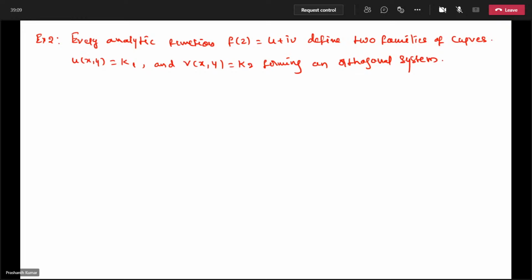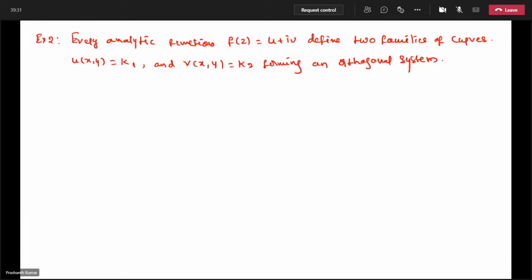All of you please see, every analytic function f of z defines two families of curves. Actually, u is a function of x y, v is a function of x y. We consider these two functions as two families of curves.